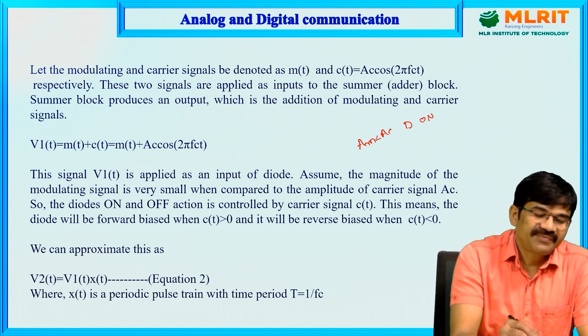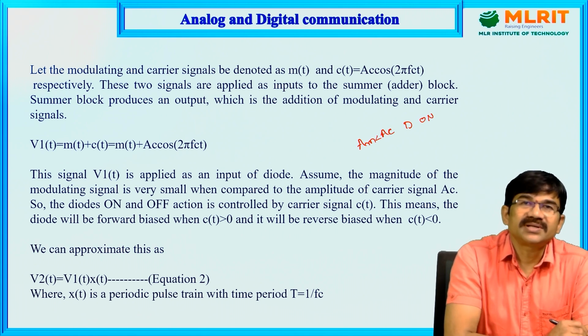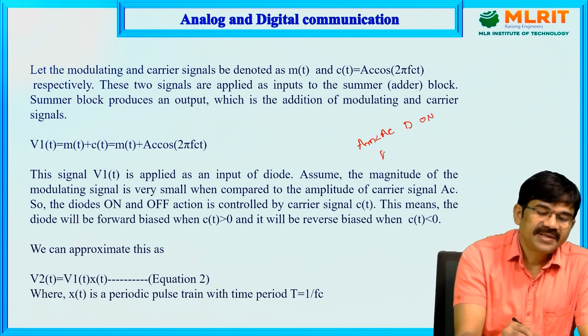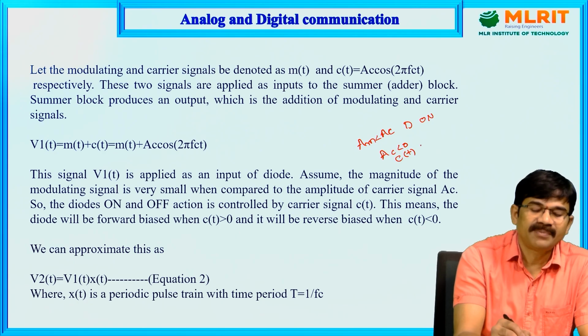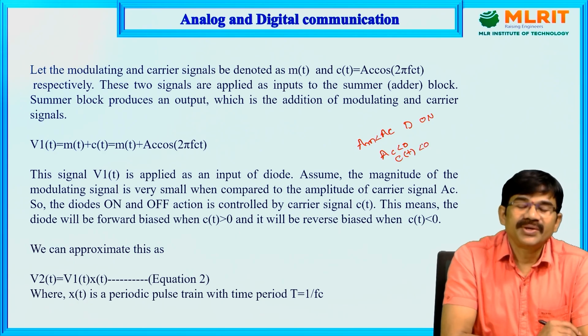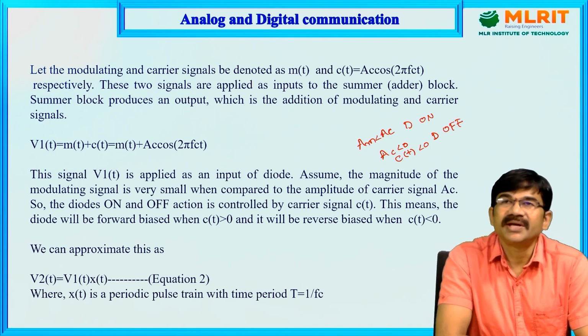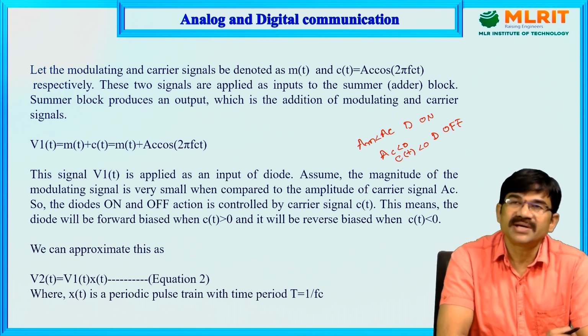The diode is on if c of t is greater than 0, and if c of t is less than 0, that is, the carrier signal is negative, the diode becomes off. The operation of the diode can be controlled. We are assuming initially that the amplitude of m of t is less than the carrier amplitude.